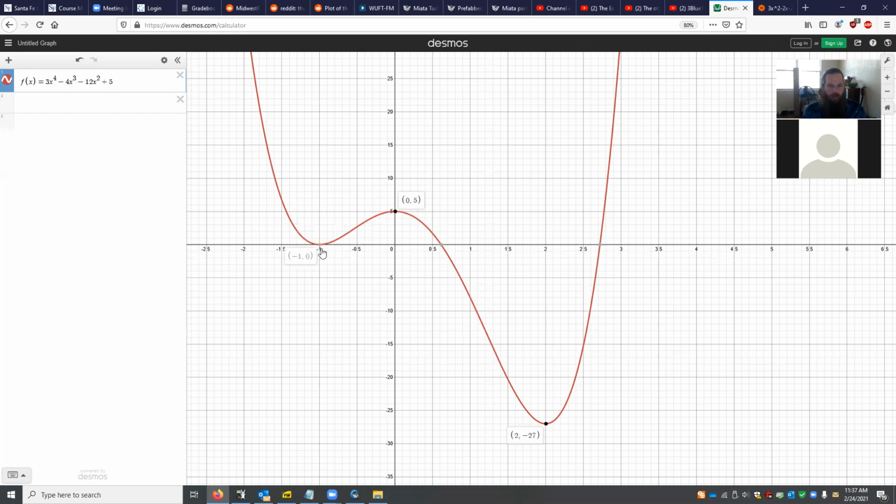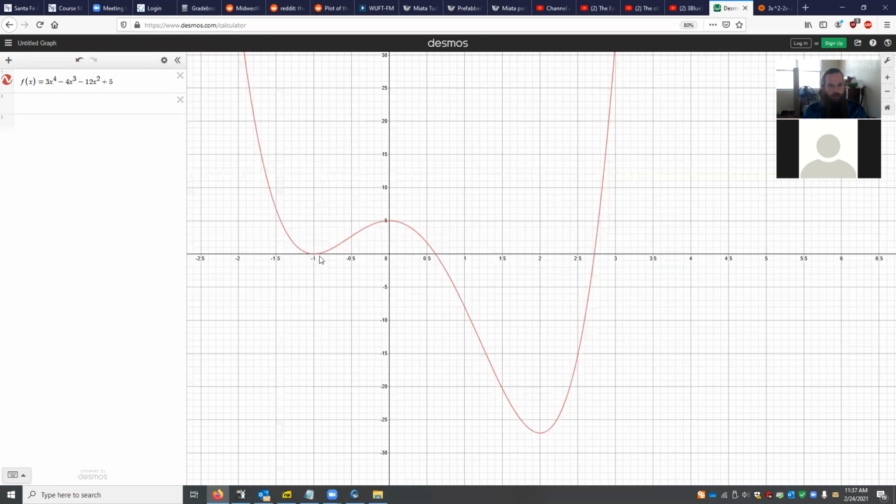It is not fair to say that I'm decreasing here. If you could argue that you're decreasing there, you could also argue that you're increasing there. So instantaneously, just for a second at x equals -1, we are neither decreasing nor increasing. We are in transition between one and the other.